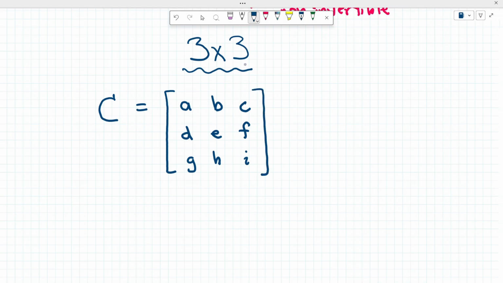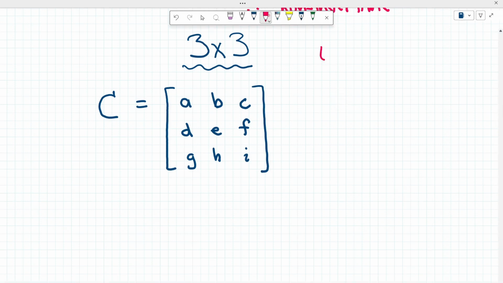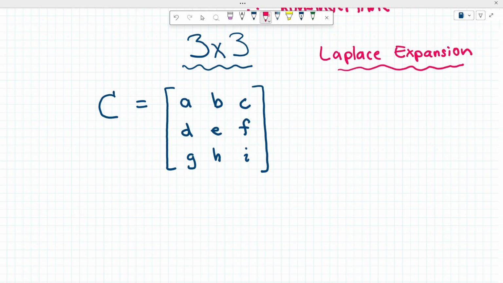So we have to use something called Laplace expansion. So we're going to write that out over here. The Laplace expansion helps us determine what the determinant is for matrices that are larger than 2 by 2.